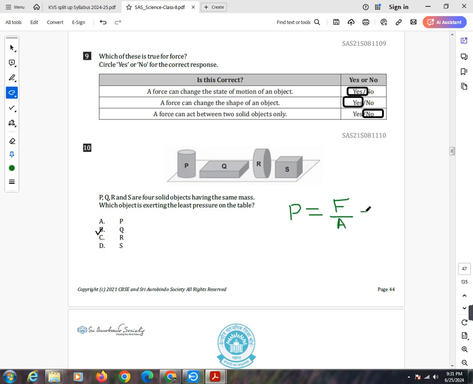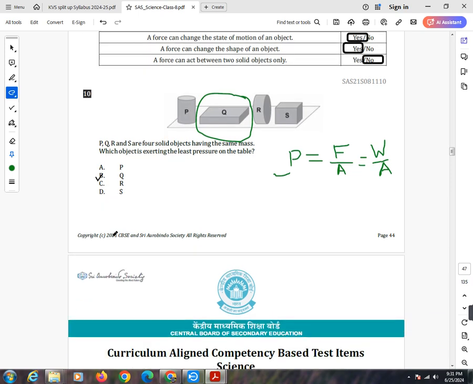And F is here the weight on the surface, which is a kind of force, divided by A. Now the contact area is the deciding factor. We can see here that for object Q the contact area is maximum. So for object Q the pressure exerted will be least on the table. So option B will be the correct answer.